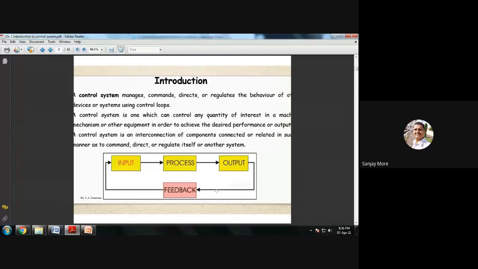A control system can control any quantity of interest in a mechanism or other equipment in order to achieve the desired performance or output.